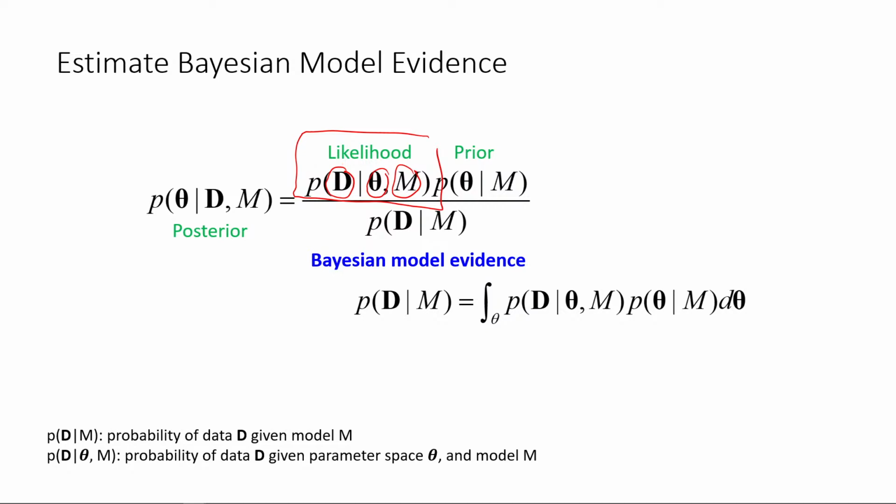This is our prior knowledge about this model, like how this model was reproducing the parameters that we are observing. And this is our posterior knowledge about the model.